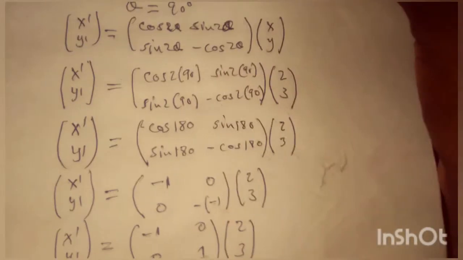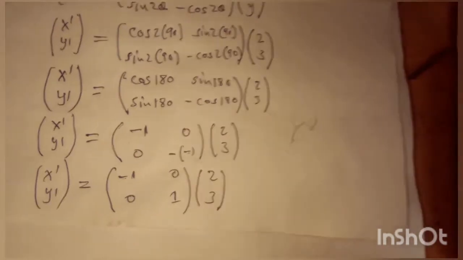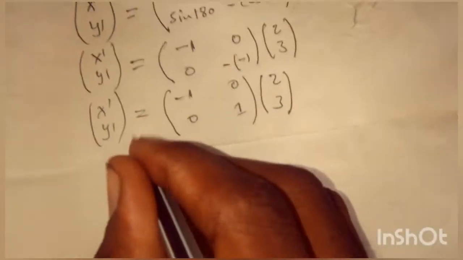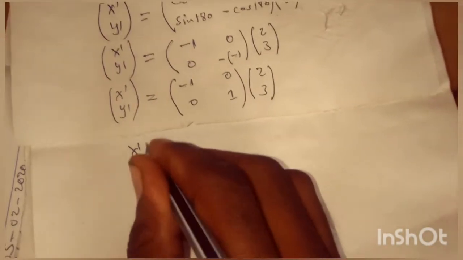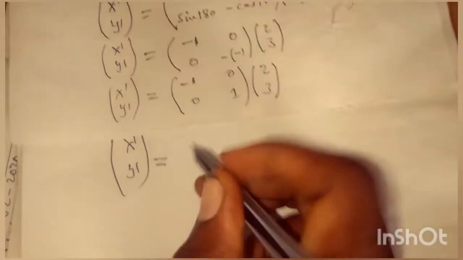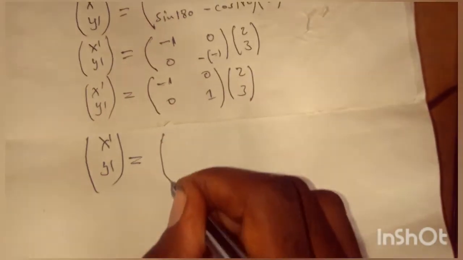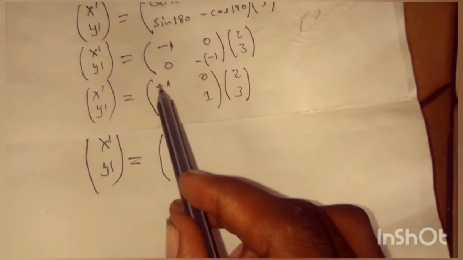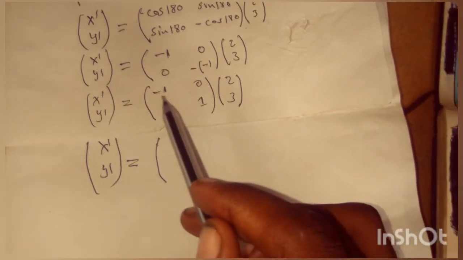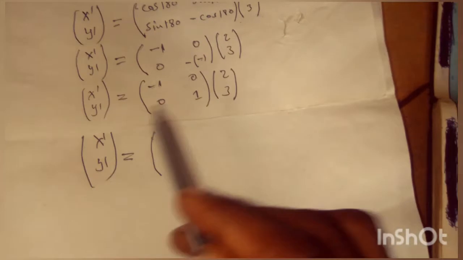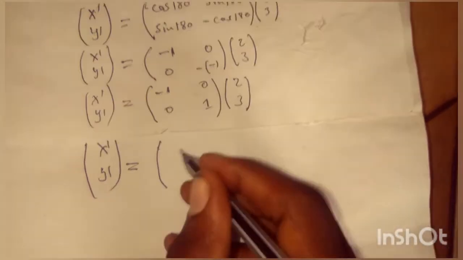Okay, so now let us proceed with this question. By the concept of a matrix, you are supposed to multiply corresponding elements, rows times columns, in this way.